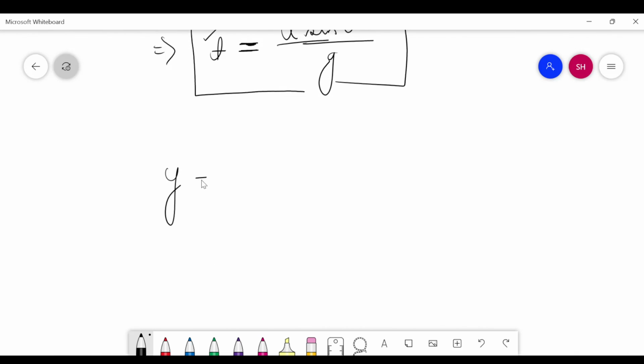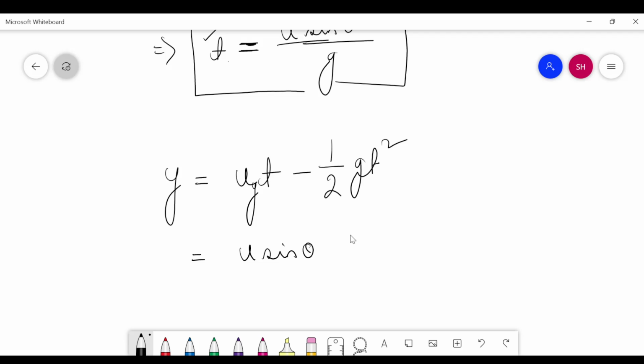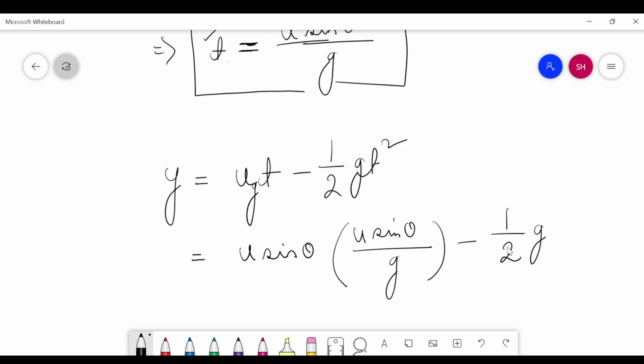Hence, the maximum height can be calculated by this. The displacement in the y direction at time t will give us the maximum height. Hence, y at time t will give us uy t minus half g t squared, where uy means u sin theta, and t means u sin theta by g, minus half g.